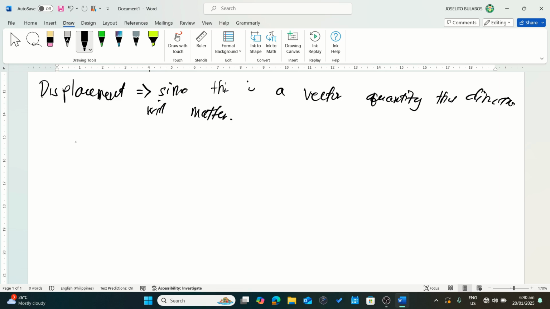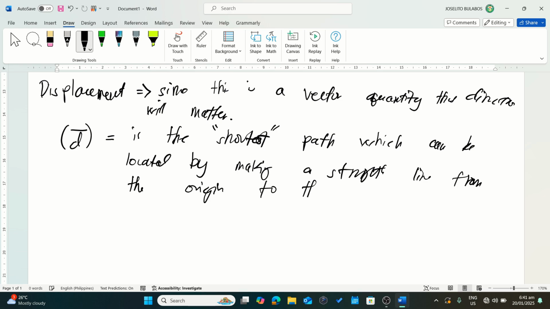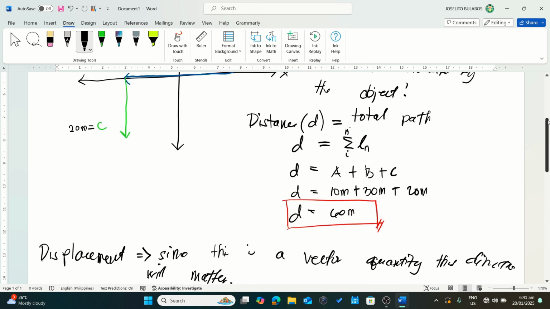So by definition, displacement is the shortest path which can be located by making a straight line from the origin to the head of the last vector.